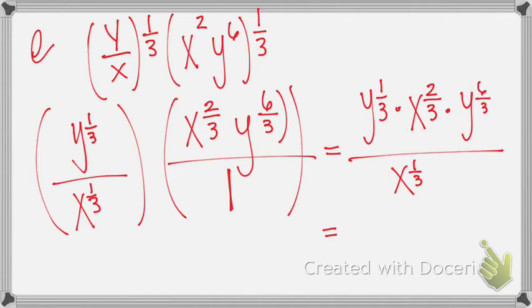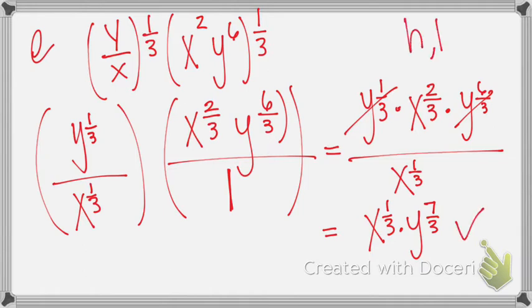So I have y 7 over 3. So that got rid of those. And now I can combine my x's. I can subtract my exponents, and I'm left with x to the 1/3. Now I cannot combine x and y because those are two different bases, okay? This answer right here is also the answer for H and K.